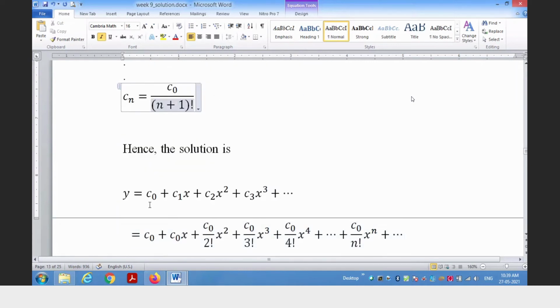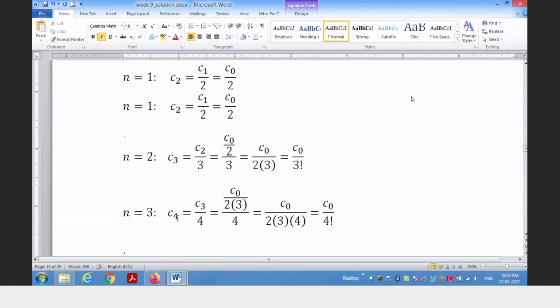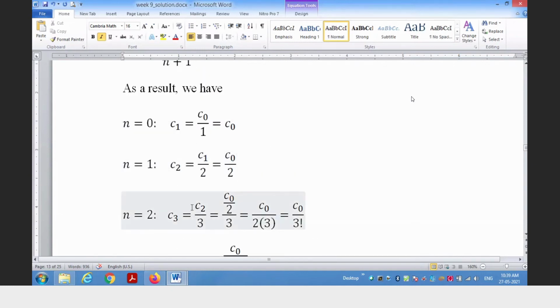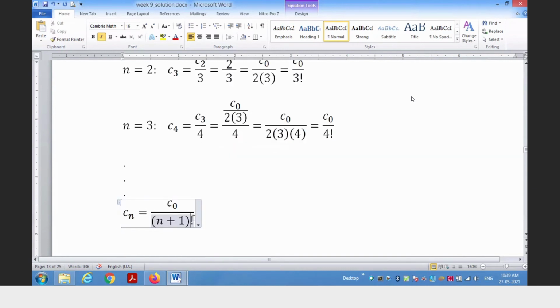Now, we know that the solution will be in this form, C0 plus C1x plus C2x squared plus C3x cubed, and so on. So this one will be C0, and then you replace C1. Oh no, it's correct. This one's correct, I'm wrong.